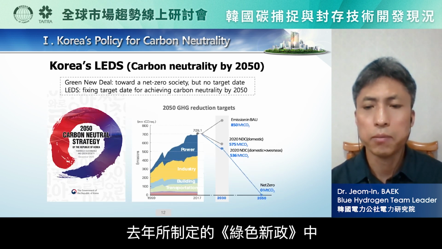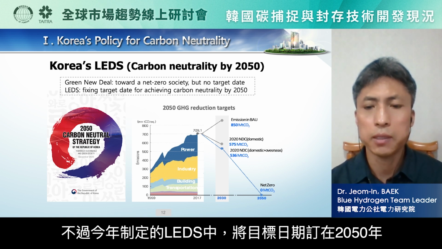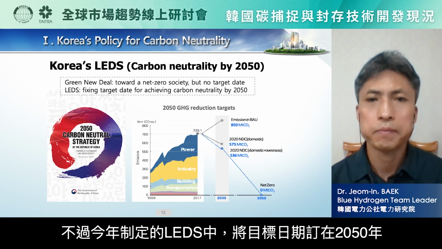In the Green New Deal made last year, there was no target date for a net zero society, but in LEDS opened this year, the target date was fixed to 2050.